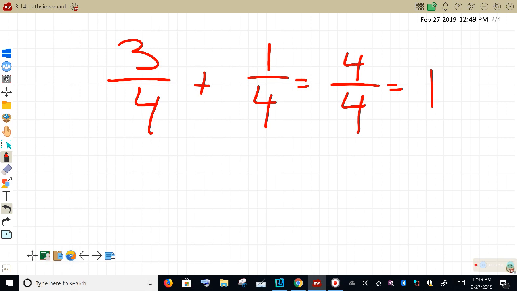And can you guys remember what this little line here means in the fraction? We are dividing. So we are taking the very top number, 4, and dividing it by 4, and then I get one whole group of 1. Or one group of 4, I should say.